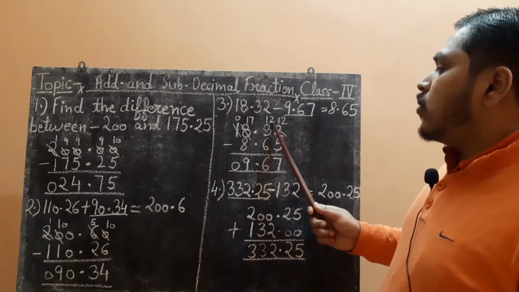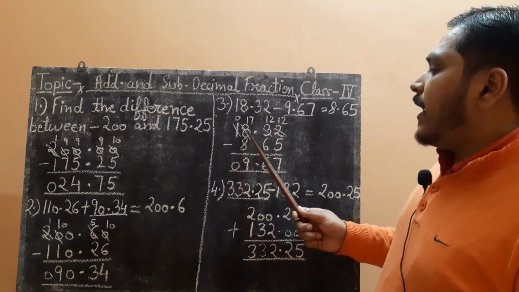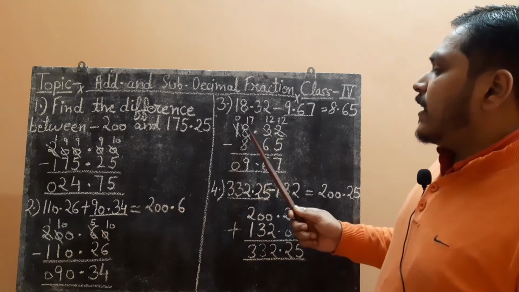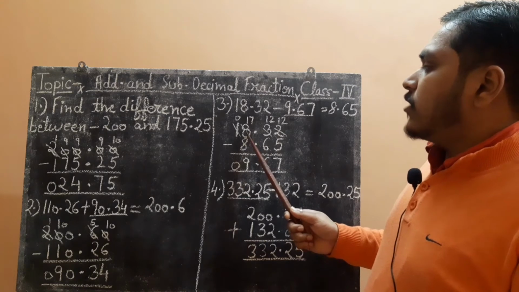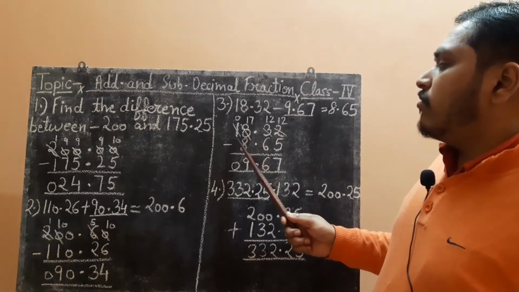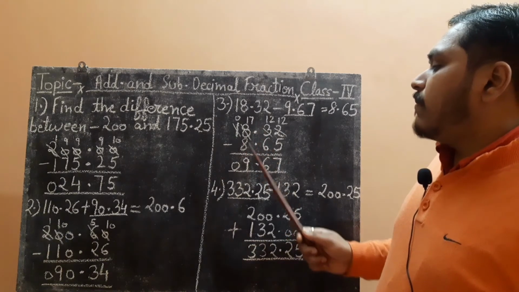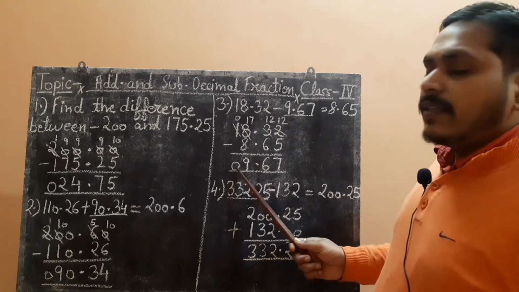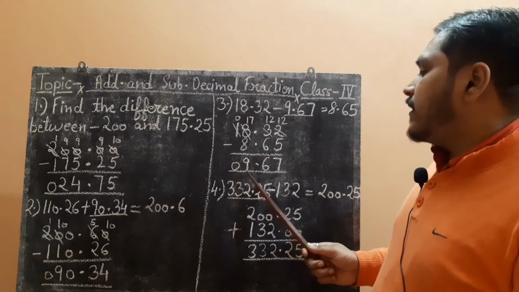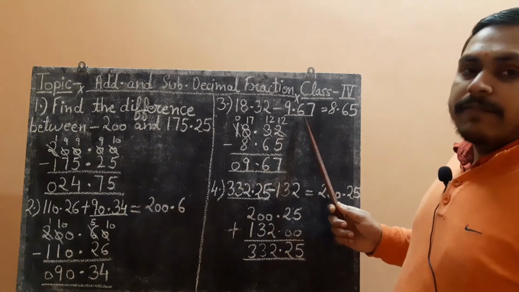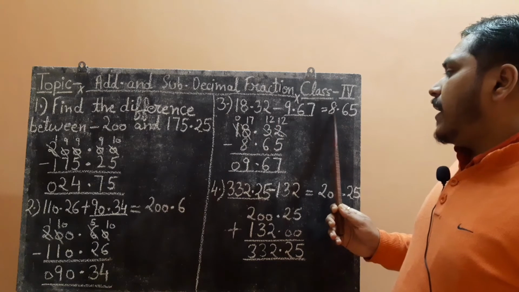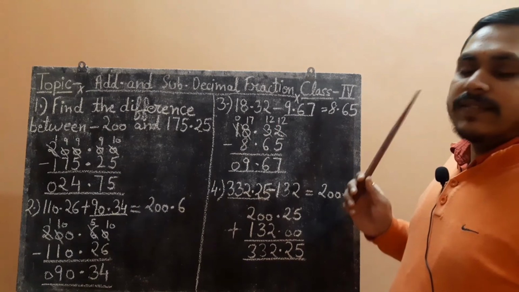Now this will become 2 again, so again you will borrow from 8, this will become 12, 12 minus 6 is 6, then again the 8 has become 7, then you will take borrow from 1, it has become 17, 17 minus 8 is 9 and this 1 will become 0, we will write it as it is. So your answer is 9.67, that you will subtract from 18.32 to get 8.65 as the answer.